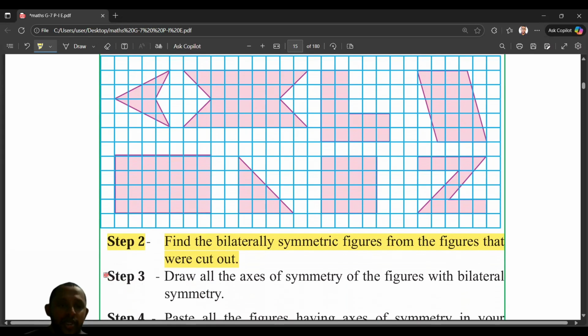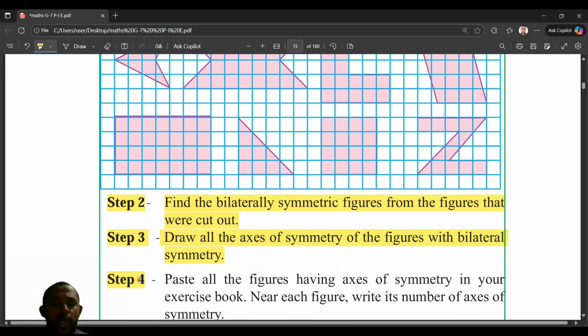And under step 3, what we want to know is: draw all the axes of symmetry of the figures with bilateral symmetry, right?